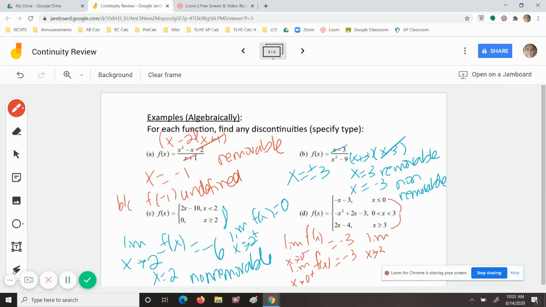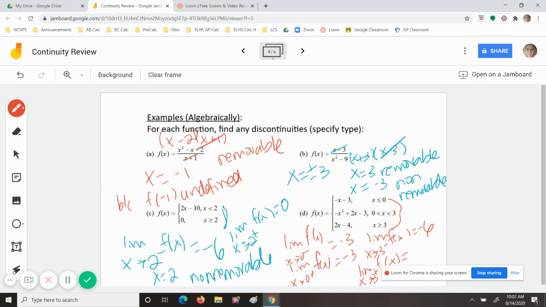But let's check 3. Limit as x approaches 3 from the left. We're going to plug into this middle equation for when x is less than 3. If we plug in 3 there, we have -9 plus 6 minus 9. So that's going to end up giving us what? -9 plus 6 is -3, minus 3 is -6. Now, let's find the limit as x approaches 3 from the right.